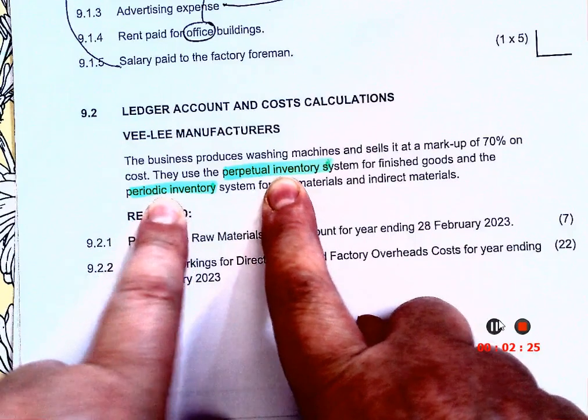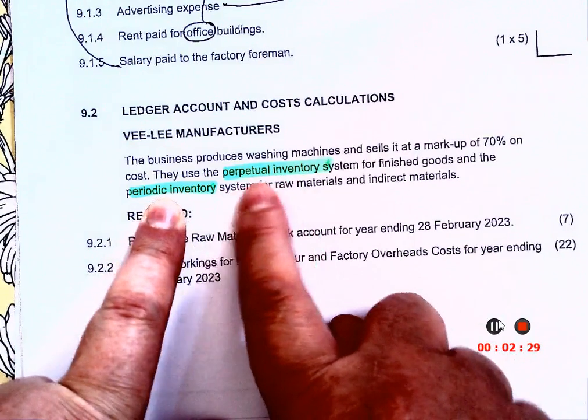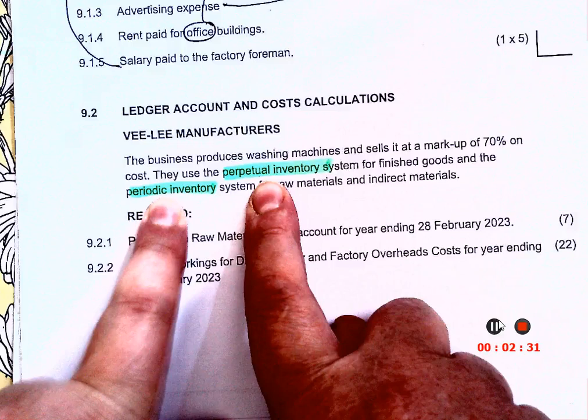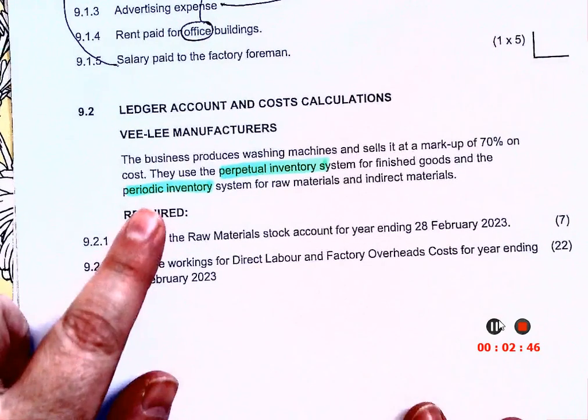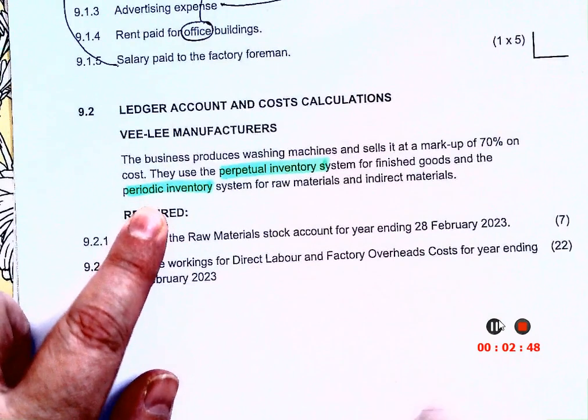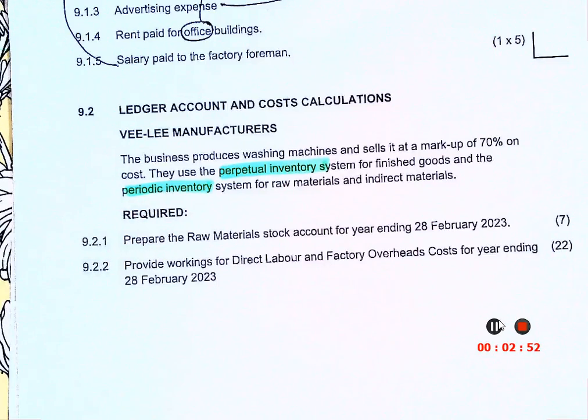So up until now in our lives, we have done the perpetual system. Meaning every time there's a sale, we calculate cost of sales. Meaning if I draw up a trading stock T account, there's a cost of sales. I can at any time look at my books and know how much stock I've got left. Periodic is the one where I don't have cost of sales as a T account at all. I just literally do a stock take.